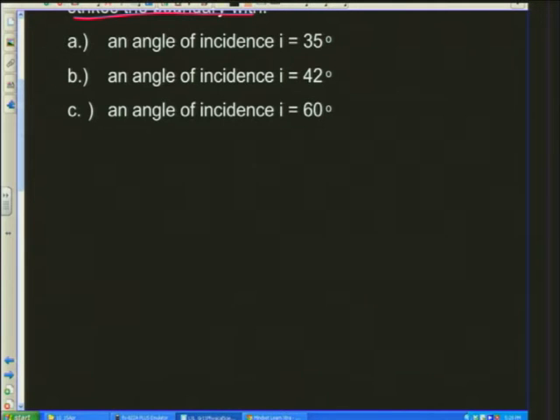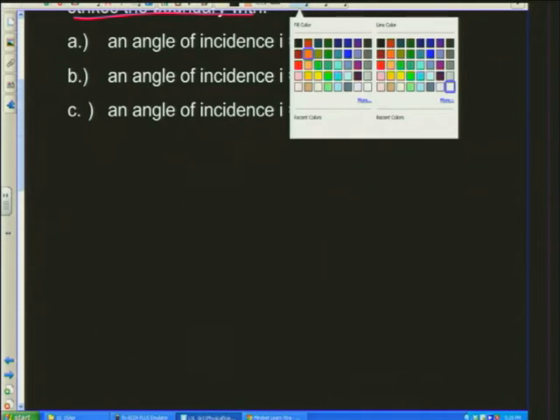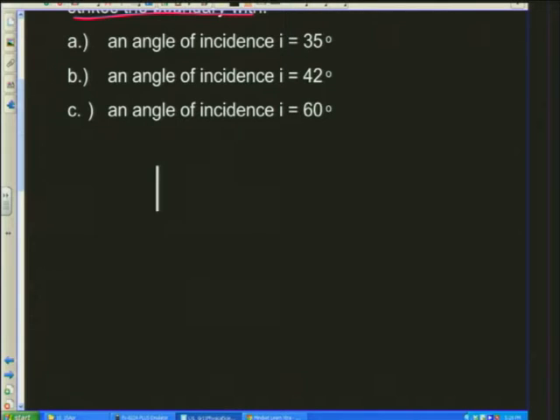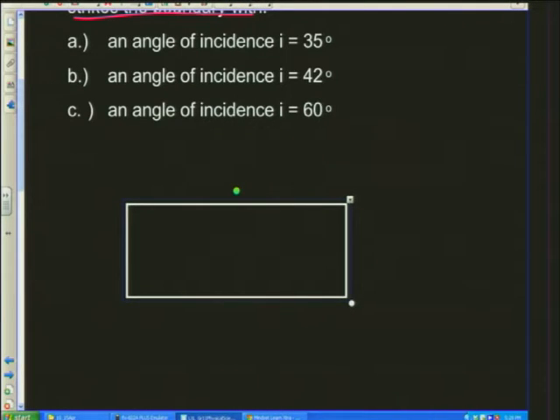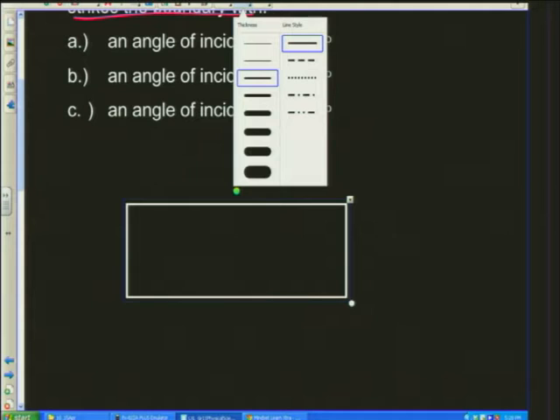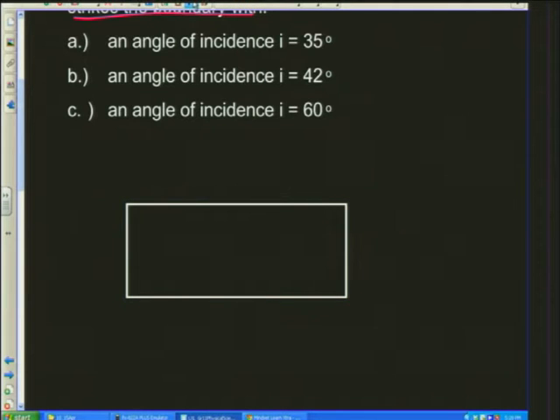So I'm going to select a little rectangular block. I want it to look like this. We're going to allow light to strike the inside of the prism, first of all with an angle of incidence of 35 degrees.